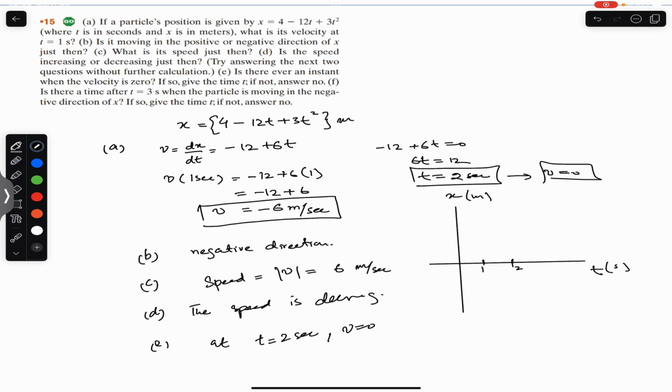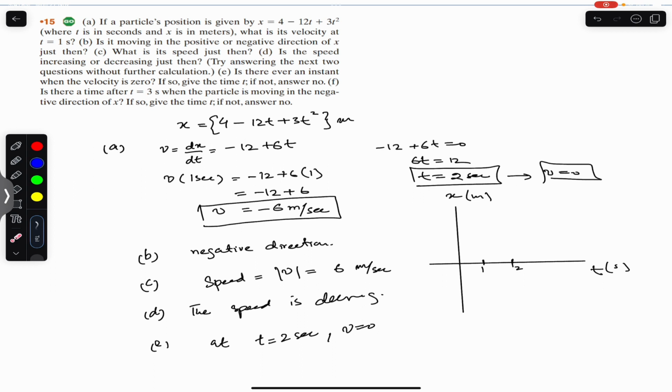Since it's a quadratic function and we have a plus sign with the coefficient of t square, the function is concave up. The function is like this, and at t equals 2 seconds, the slope of the quadratic function will be a straight line, since the velocity always tells us the slope of the x of t function.